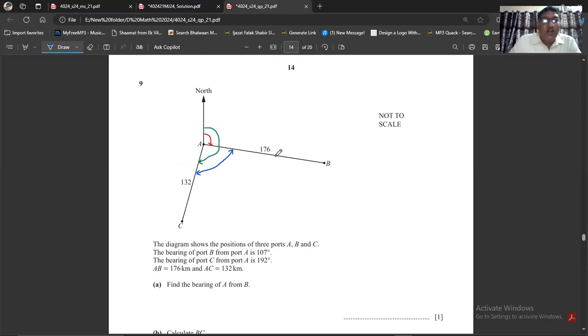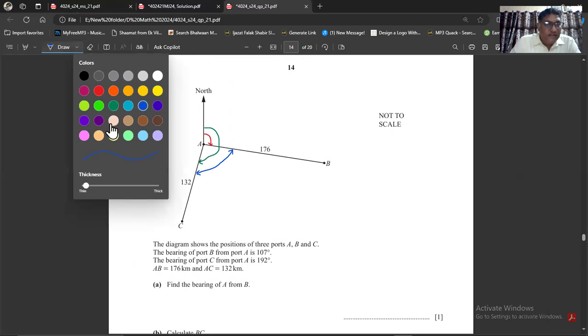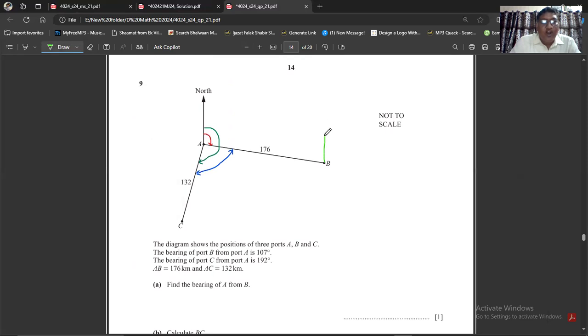From B means on B, draw a north. So I will draw a north here. I know this angle. This angle is 107. I will try to find out this angle. Let me call it alpha. Because alpha and 107 are allied angles, their sum will be equal to 180.